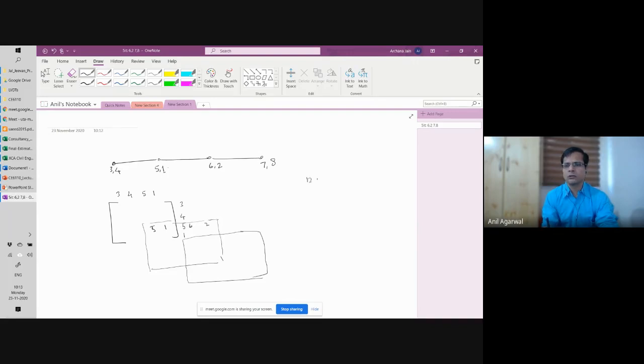The terms will be all the 12 EI by L cube, 6 EI by L square, 4 EI by L, 6 EI by L square and so on. You are familiar with all those terms. I'm not writing them, but ideally this is what I should do if I were just going with the brute force method. Then here will be the terms of 6, 2, 7, 8 by 6, 2, 7, 8. And these will be the terms that are overlapping, and that's how I'll get the overall stiffness matrix, which will be an 8 by 8 matrix.